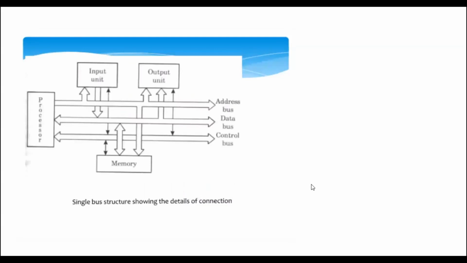It is a single computer bus that connects the major components of a computer system, combining the functions of a data bus to carry information, an address bus to determine where it should be sent, and a control bus to determine its operation.